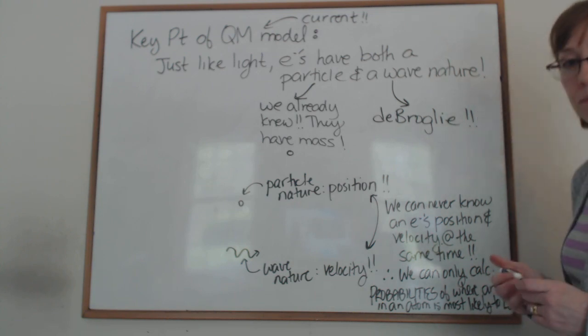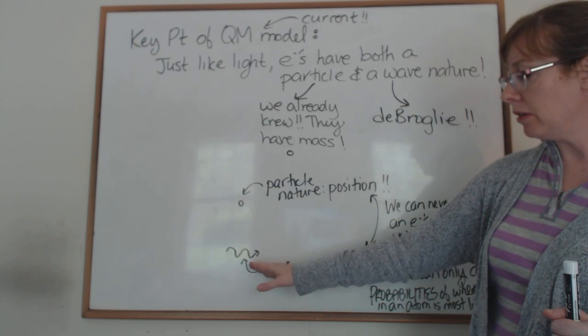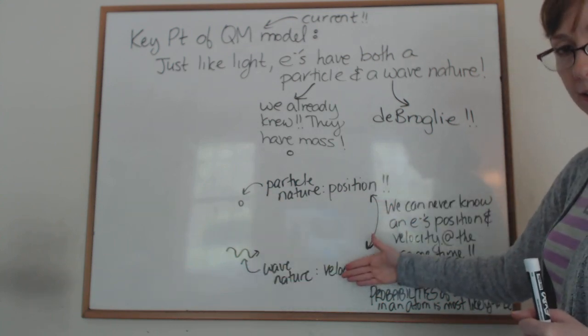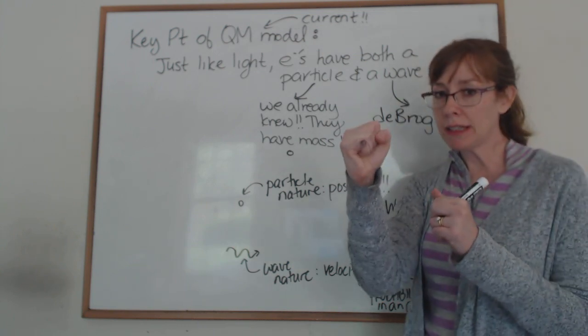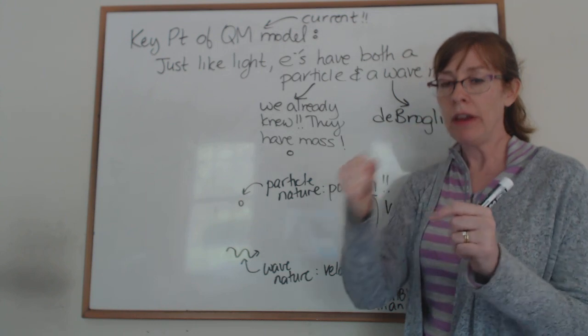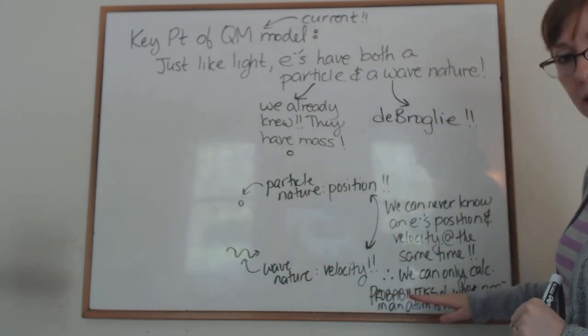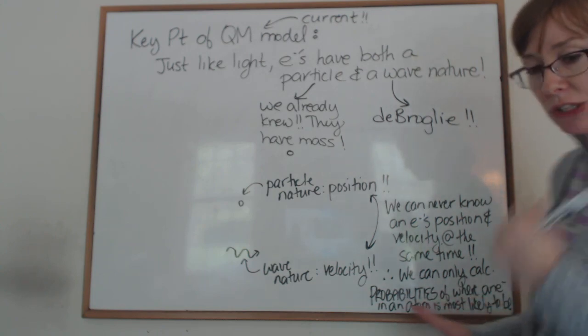Wow, I ran out of room. But that says, because we can't ever see the particle and wave nature at the same time, we can never know an electron's position and velocity at the same time. Which means, instead of knowing exactly where it is, because as soon as you know where it is, you don't know where it's gone, what we can only do is calculate what are called probabilities of where an electron in an atom is likely to be.